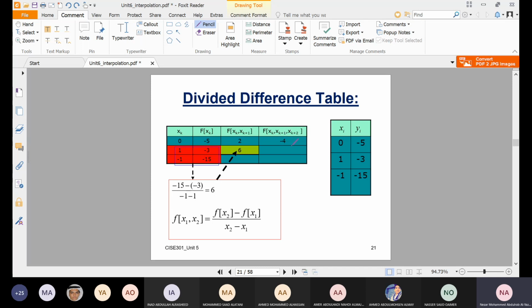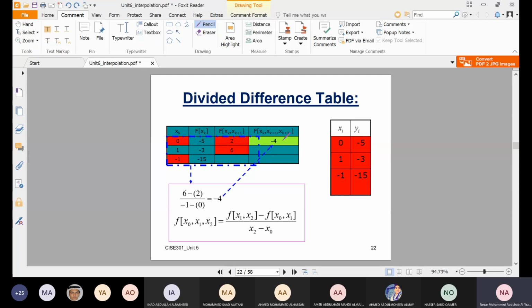So the next step, we want to compute the second divided difference. For the second divided difference, I have x at k plus 2, x at k plus 1, x at k. So the interval here will be x_{k+2} to x_k.